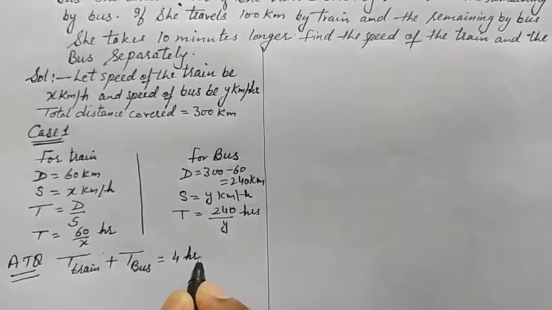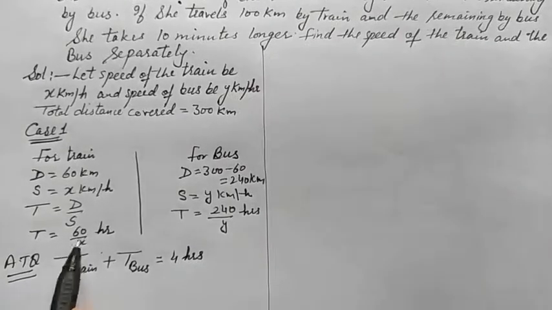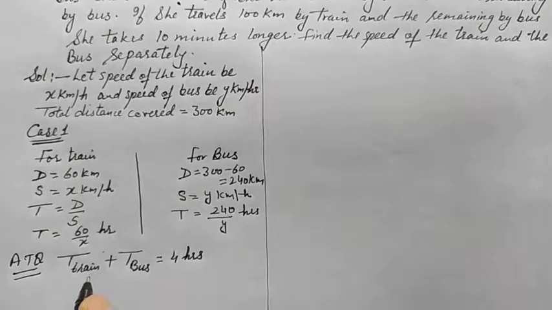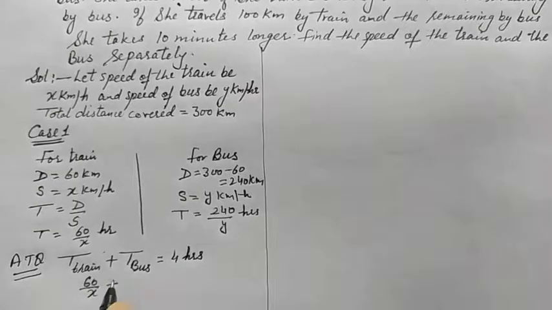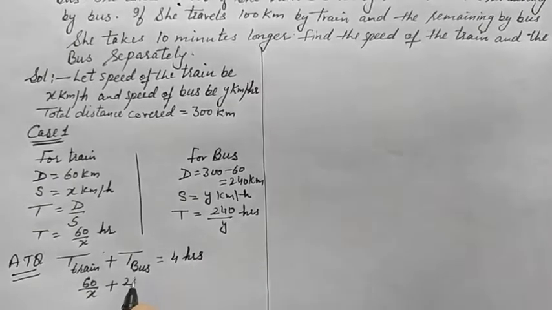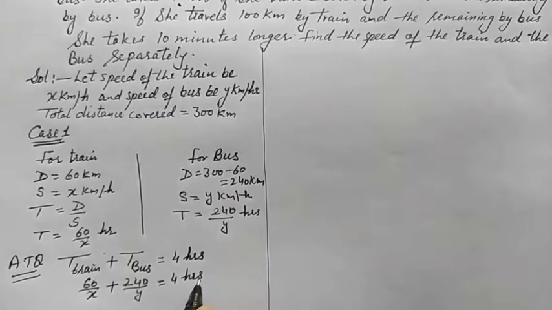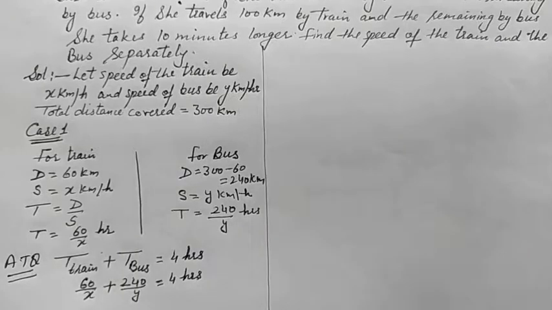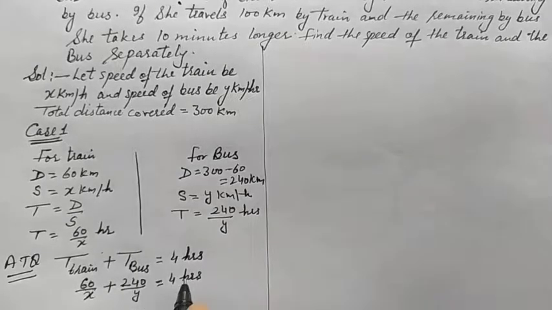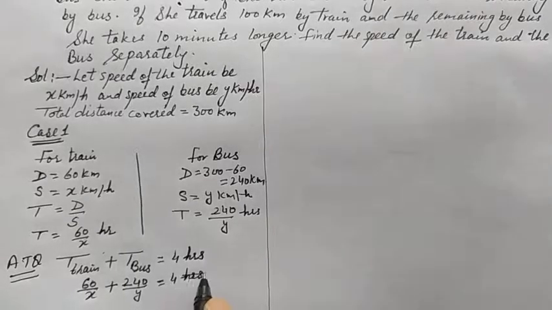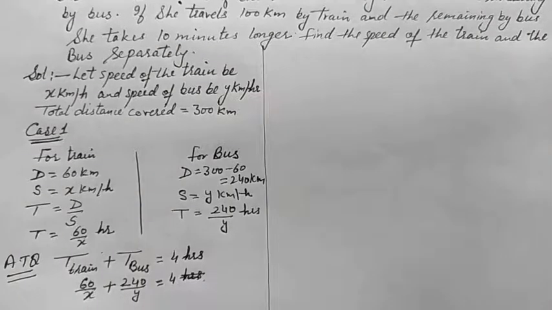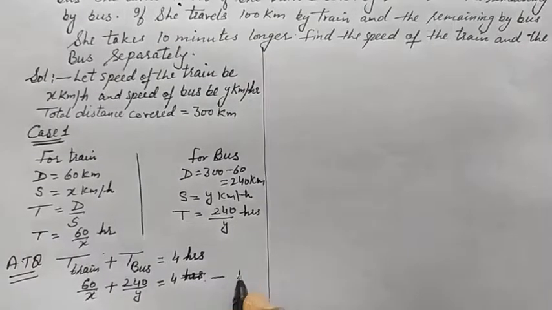This will be our first equation. What is the time taken by the train? That is 60 over x, plus the time taken by the bus, 240 over y, is equal to 4. You cannot write units in the equation, so leave them. So this will be our first equation.